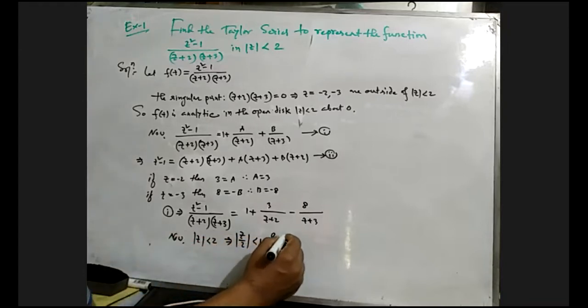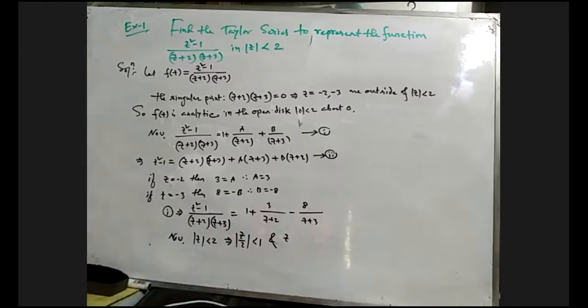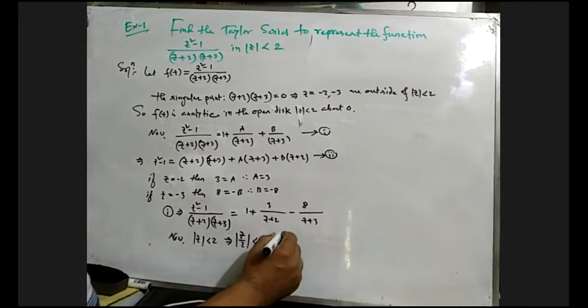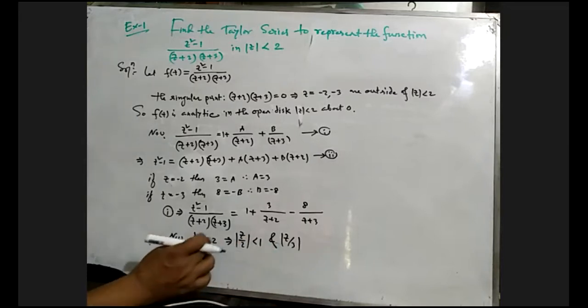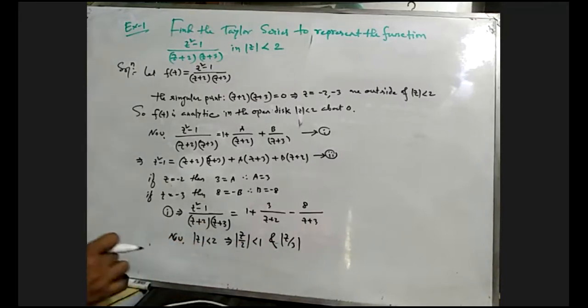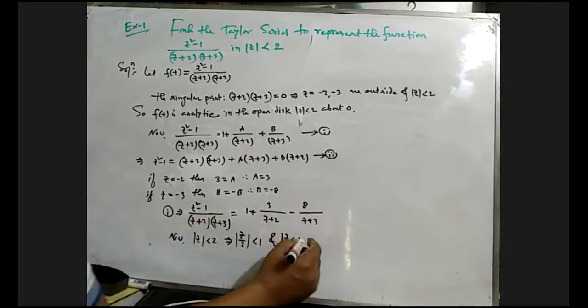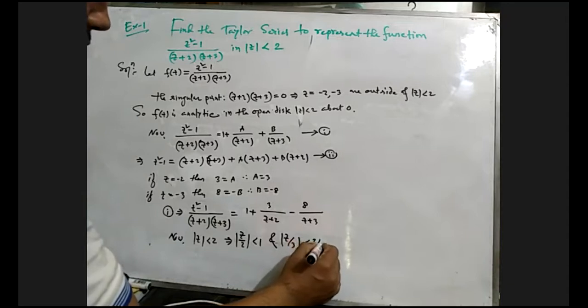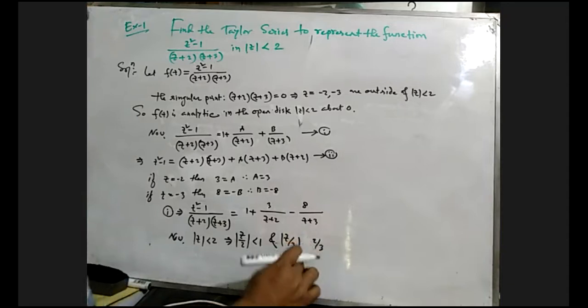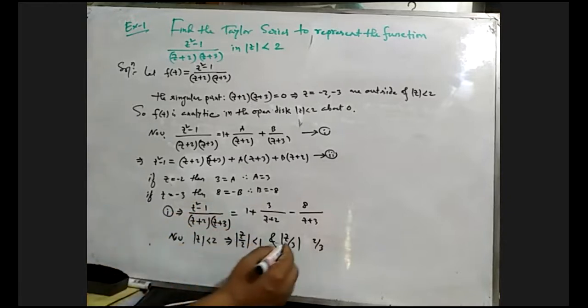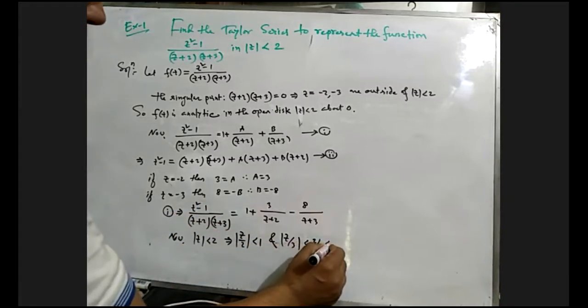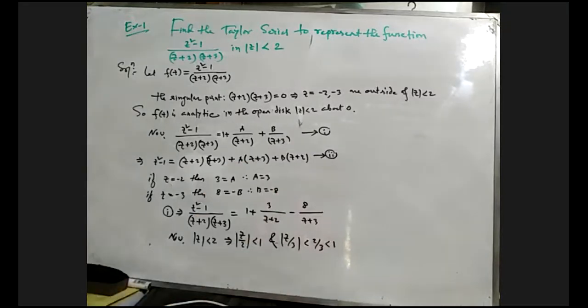And for z minus, if we divide by 3, then it will become less than 2 by 3. And 2 by 3 is also less than 1. That means this 2 by 3 lies between this and 1.